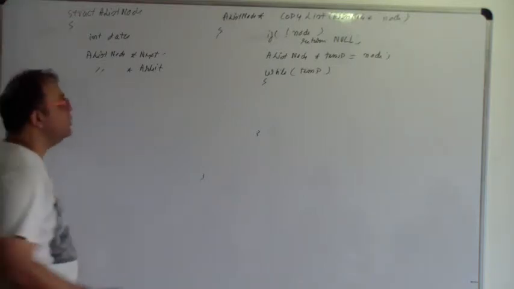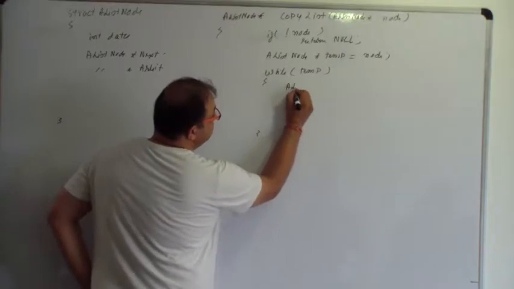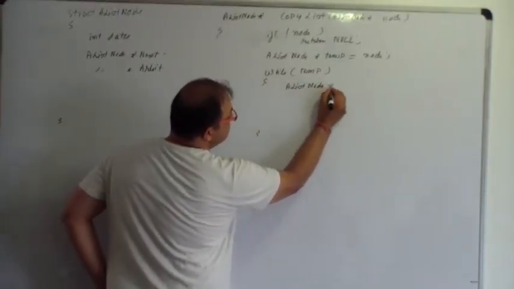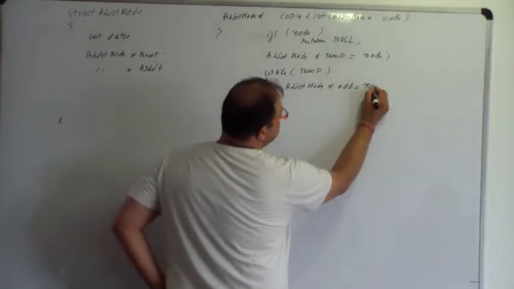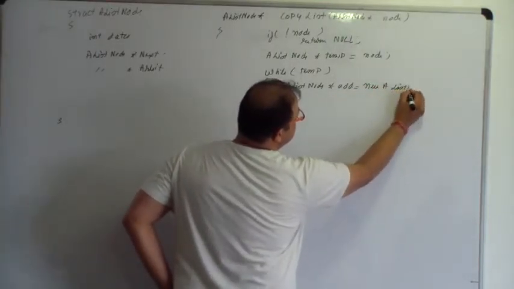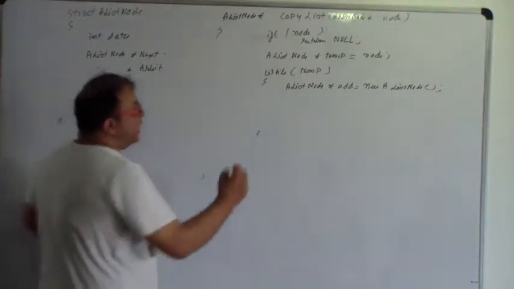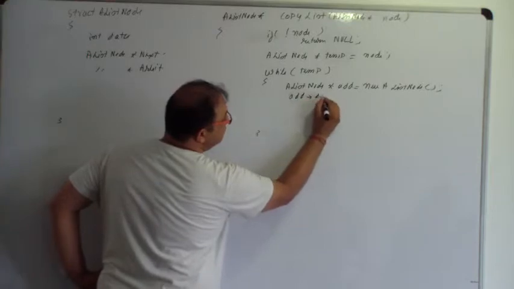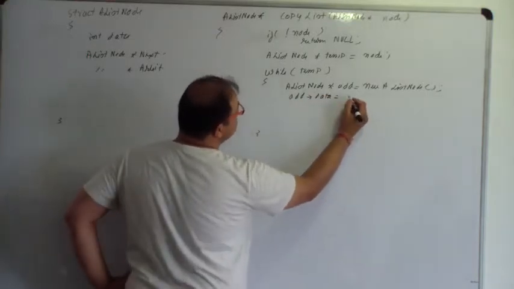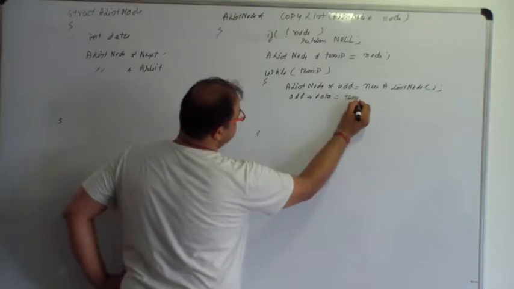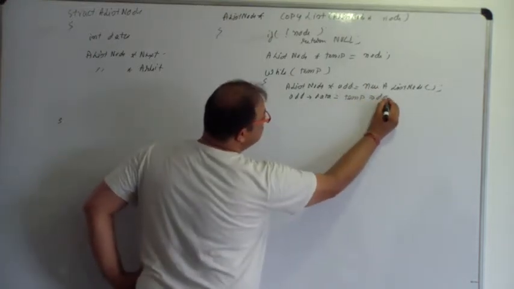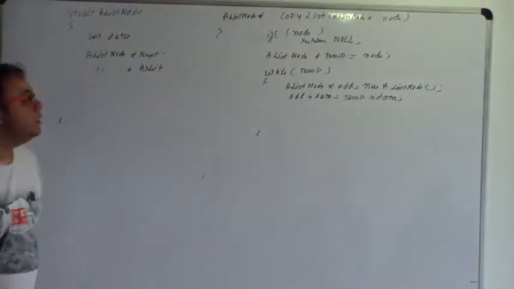We will actually create a new node and insert it between this and the next one. So we'll say ListNode star add is equal to new ListNode, and add arrow data is equal to temp arrow data, because we are trying to copy the temp, right?